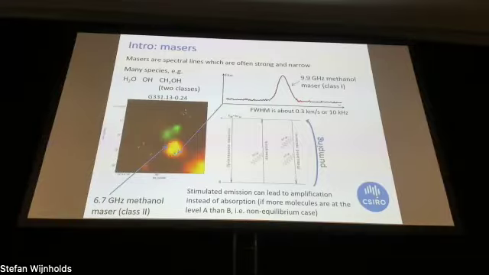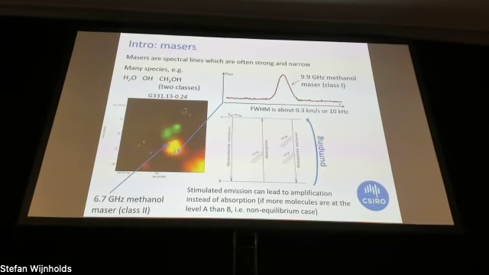We get spontaneous emission, where the molecule goes from a level with high energy to low energy and emits a photon. We can have absorption, where a photon is absorbed and the molecule goes to a higher level, or we can get stimulated emission. If there is a photon at the correct frequency, then a second identical photon is emitted.